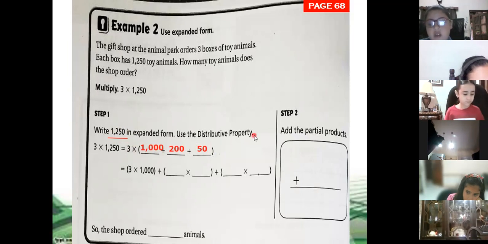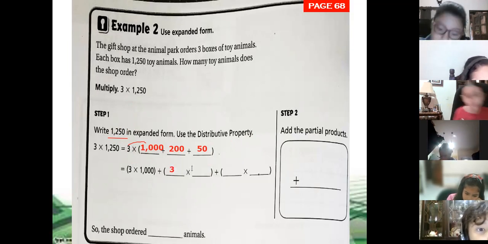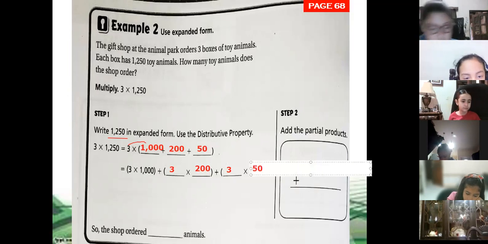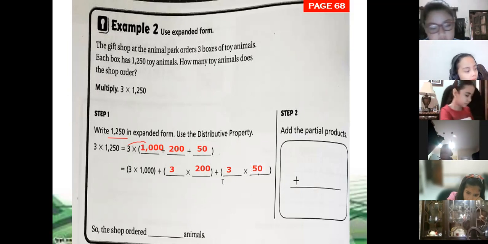Now, using the distributive property, we need to multiply each digit, each number by 3. So we multiply 3 times 1,000, 3 by 200. So let's write it down here. 3 times 1,000, it's already here, plus 3 times 200 and plus 3 times 50, using the distributive property that states that we multiply each of them by number 3 to get a partial product.